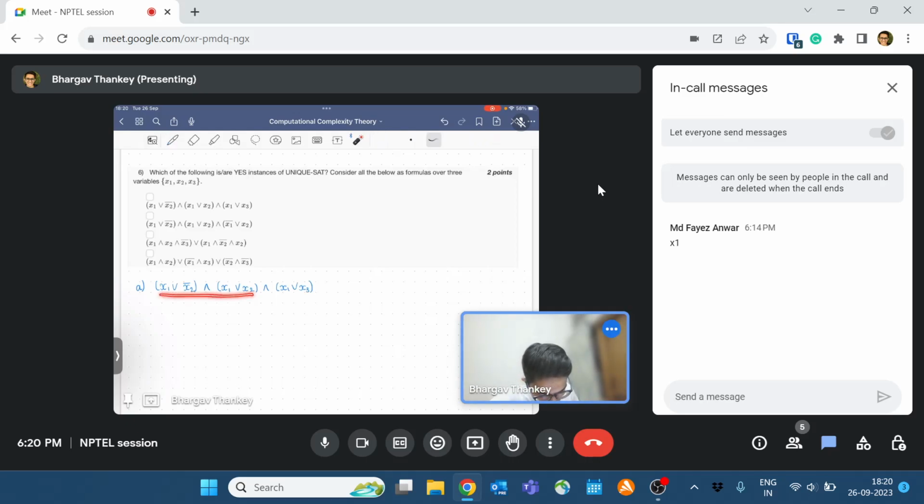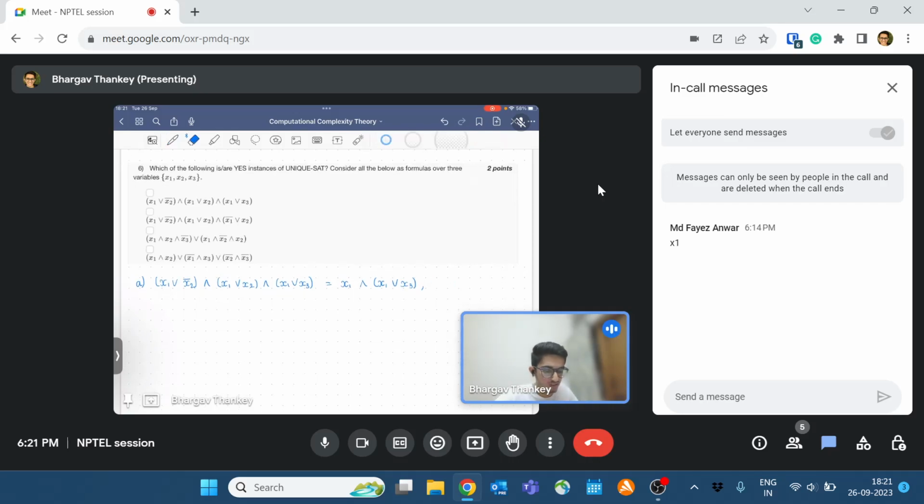This will become x1, so it's x1 and (x1 or x3). Now we can either further simplify this or just say that x1 equals 1. We don't need anything from this. Just this is sufficient to show that this is not a yes instance.